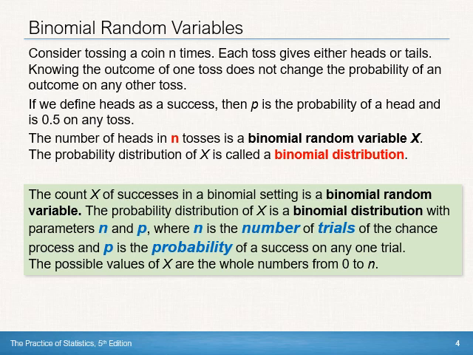Now, if I'm going to attempt to shoot 10 baskets, X will count the number of successes. How many baskets do I make in my 10 attempts? I could miss them all, so it could be 0, or I could make all 10, or anything in between. So X is my binomial random variable, and it will take on values from 0 up to n, the total number of trials.